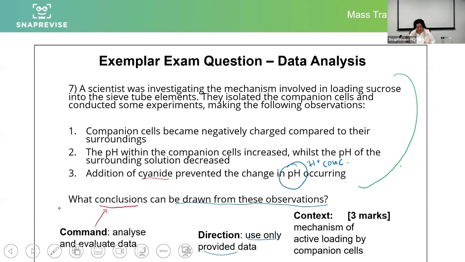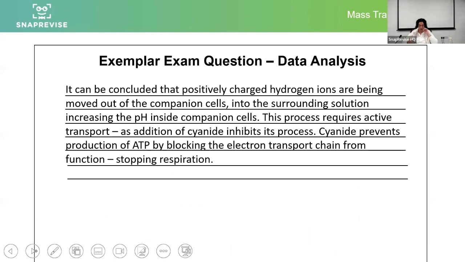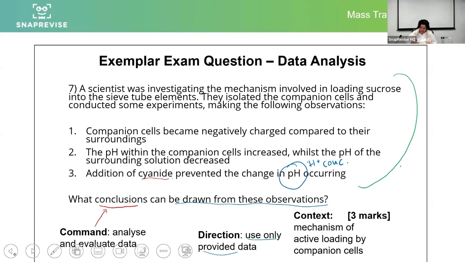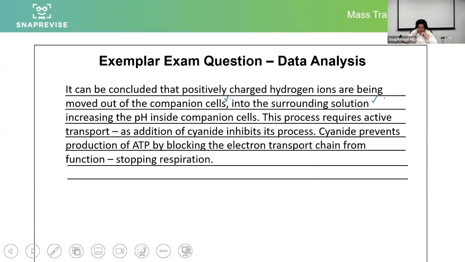An increase in pH means fewer hydrogen ions. So it can be concluded that the positively charged hydrogen ions are being moved out of the companion cells into the surrounding solution, which is why the pH within is increased and the pH outside is decreased.